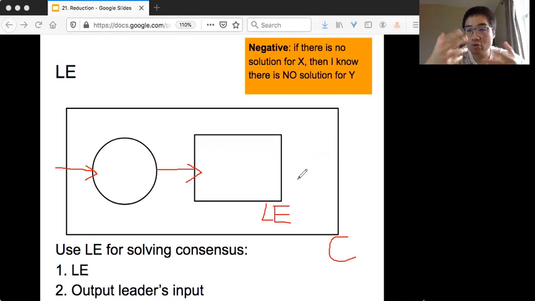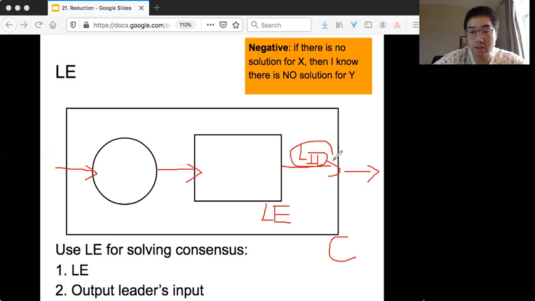Then leader election will generate some ID, or you can piggyback that value in your leader election protocol. The leader election will generate some leader's ID. Then to solve consensus, you output the input of this leader's ID. That would be your input, that would be your output, and this solves consensus.